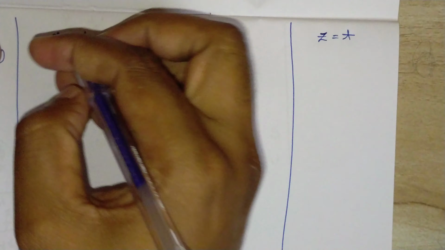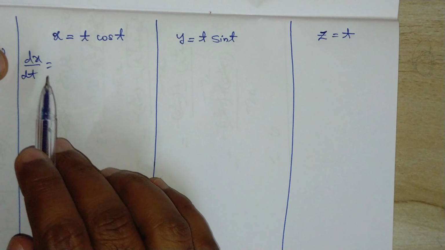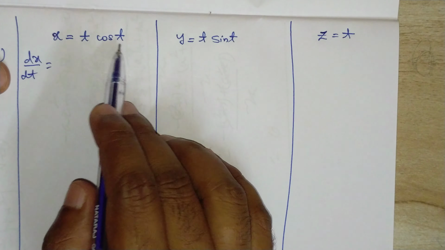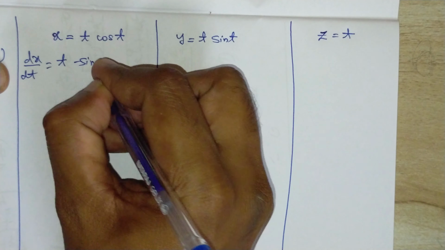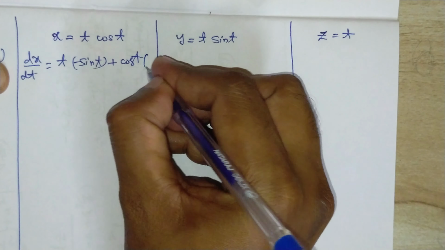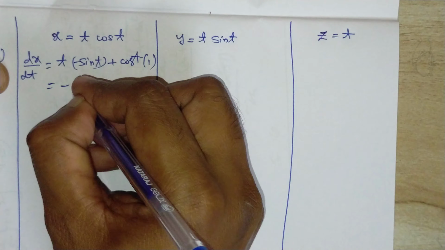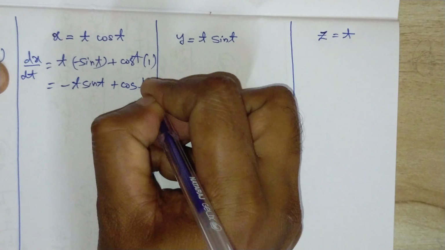Now let us calculate the derivatives here. It is dx by dt. To find the derivative of this, we have to apply the product rule here, right? So first function, the differentiation of cos t is minus sin t, plus second function, the differentiation of t is 1. So it is minus t into sin t plus cos t. Right?